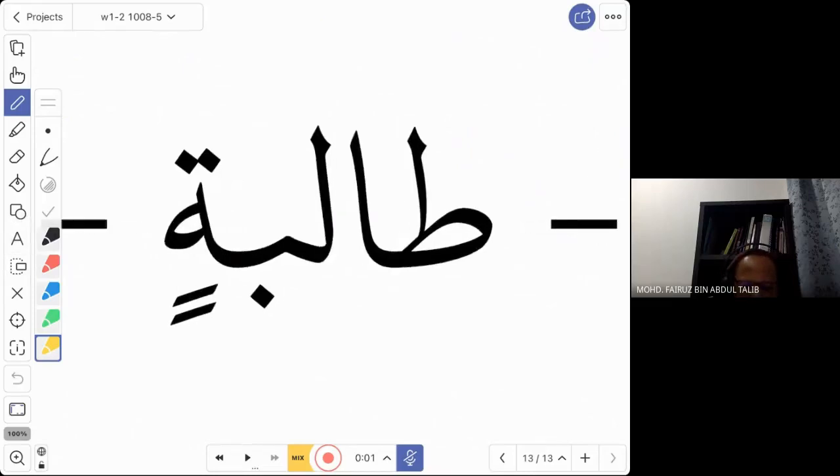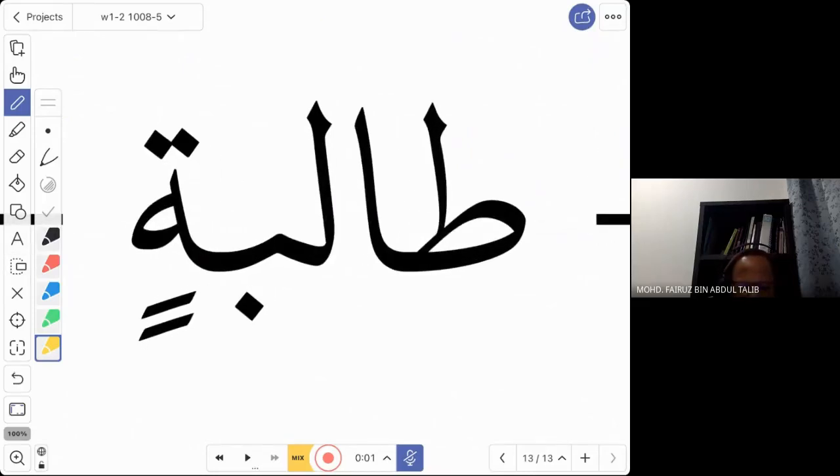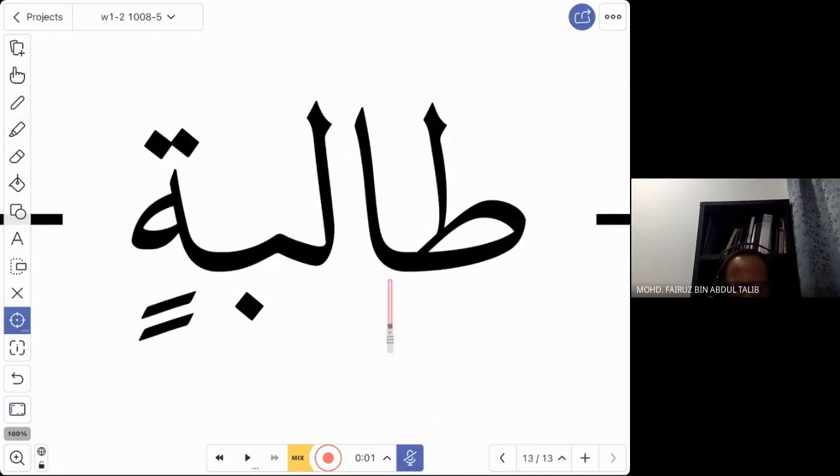The next word. How do you read this? Ta and alif. Is this ti, ta, tu? Which one do you think? Ta, yes, correct. This must be ta, even though you don't see any vowel symbol.